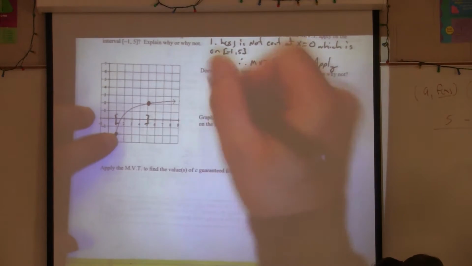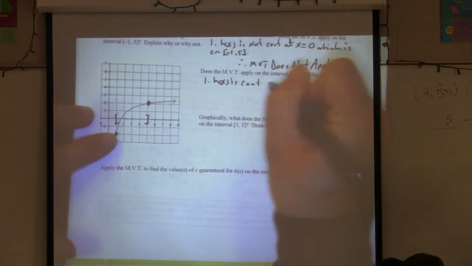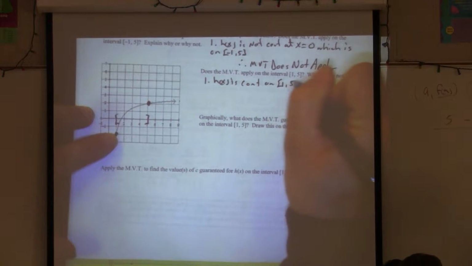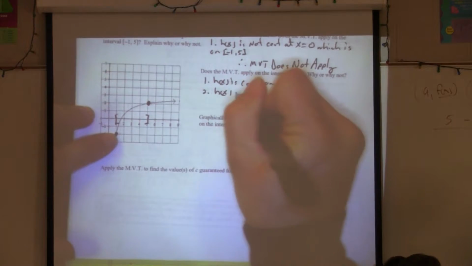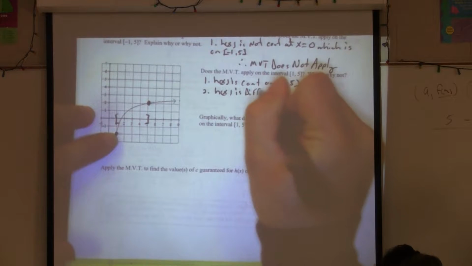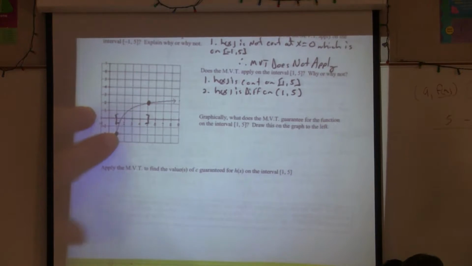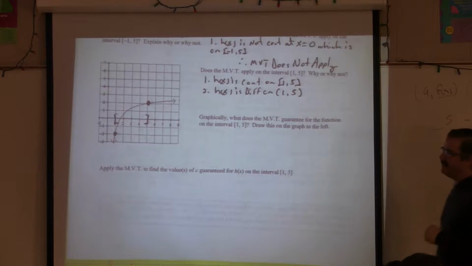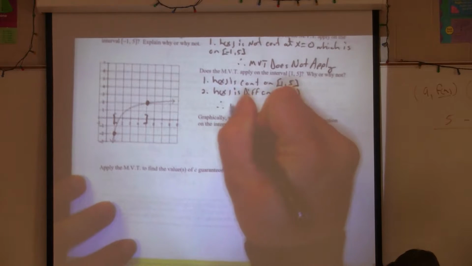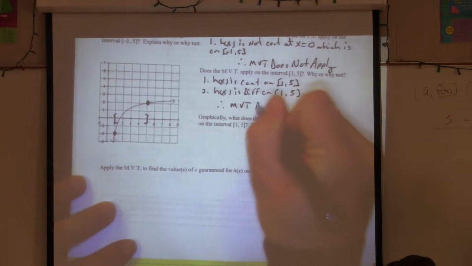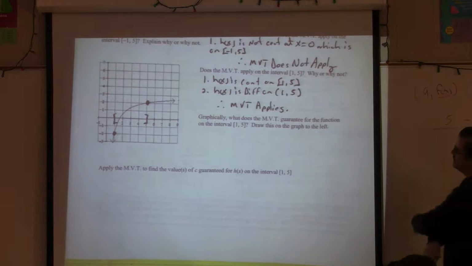Yes, so h of x is continuous on the closed interval 1 to 5. Is it differentiable? Yeah, on the open interval 1 to 5. So that's all that has to be true for mean value theorem to apply. So therefore, we can say what? MVT applies. And that's all that they want to know in that first question.